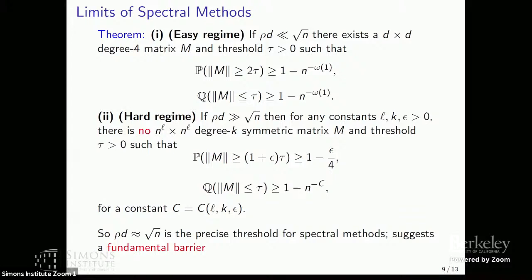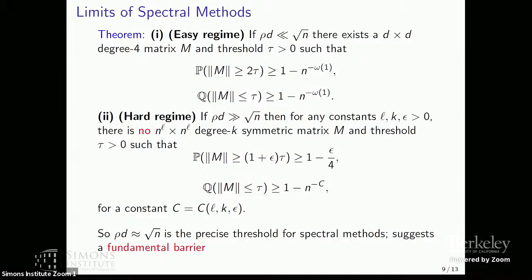The main weakness in this result is right here, that we're only ruling out spectral methods that have a fairly high probability of success. The actual thing that succeeds in the easy regime has a way better probability. But it would be ideal to improve this to say just little o of 1 or something.